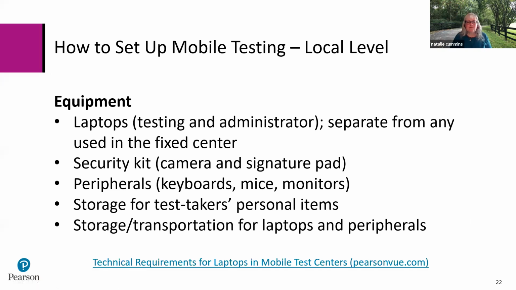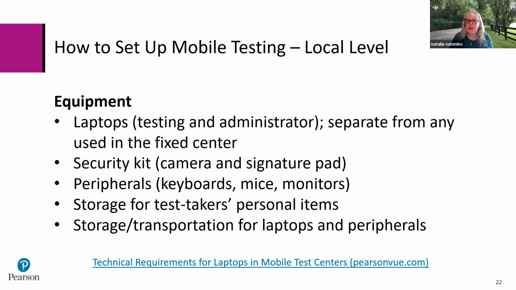The equipment. So we've talked a lot about the laptops. You do need testing laptops and one administrator laptop. This is separate from what is used in the fixed center or in another mobile center. You can have multiple mobile sites, but they do have to have different equipment.